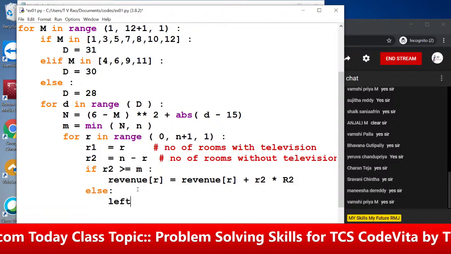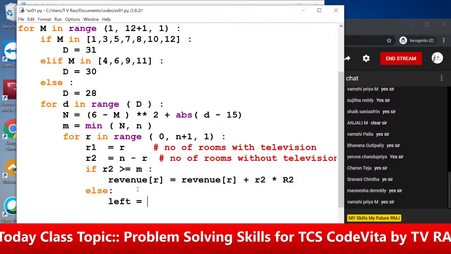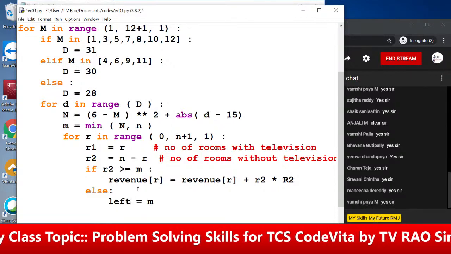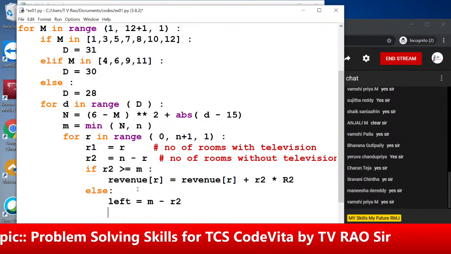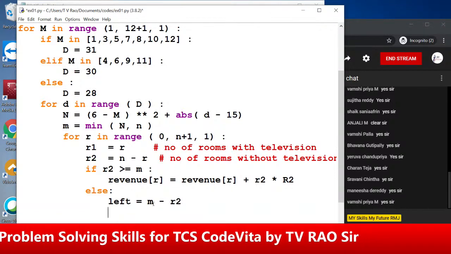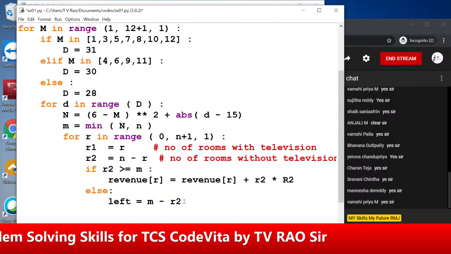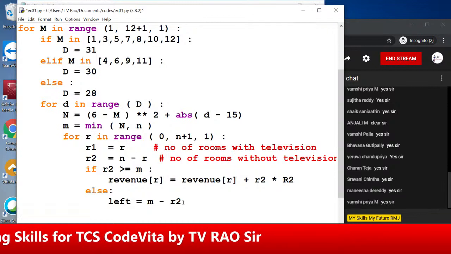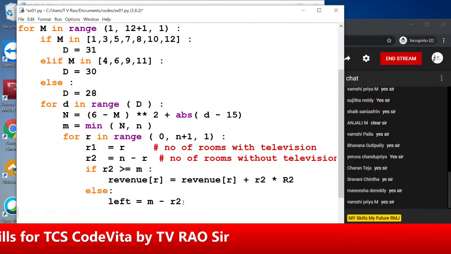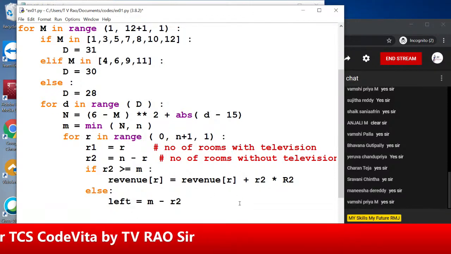How many rooms are left over? Total rooms required minus rooms without TV. So these leftover rooms are meant for higher tariff, so rooms with TV.